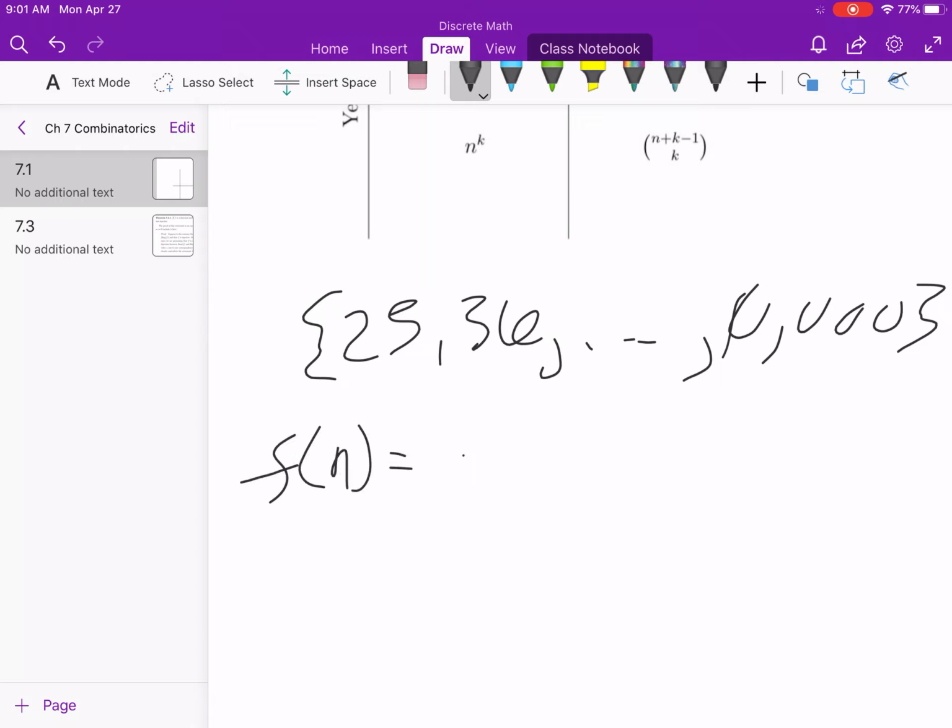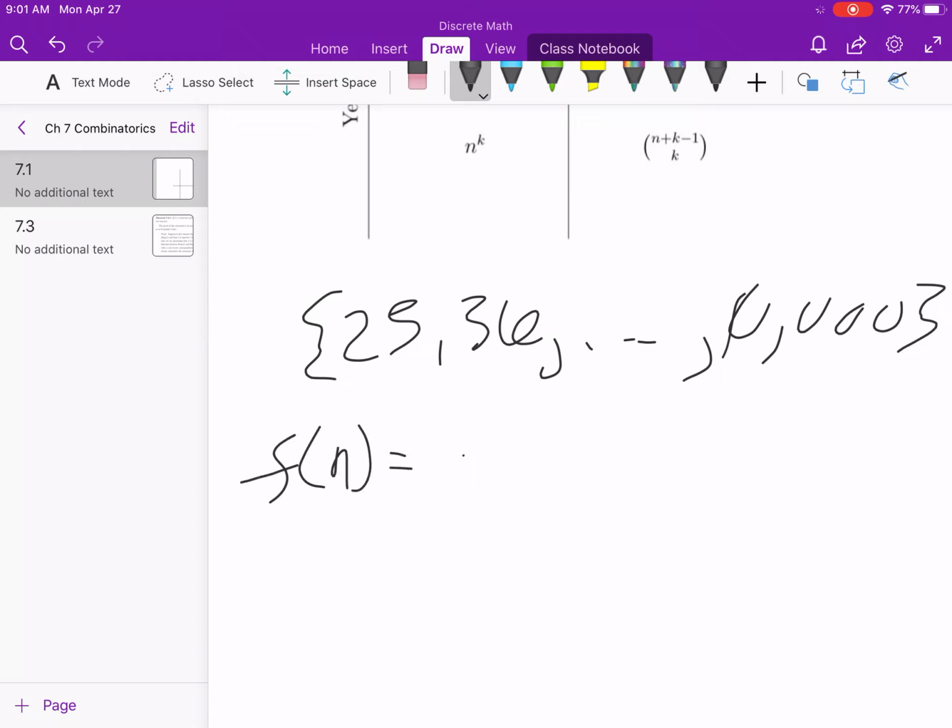I could say that this set is S, and f is defined as a function from the natural numbers onto the set S by this. And we've restricted the domain sufficiently so that this is actually a bijective function.